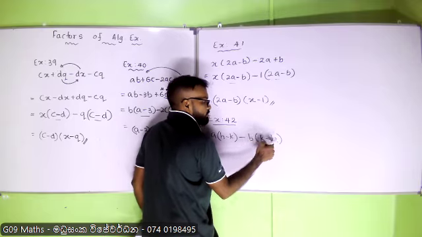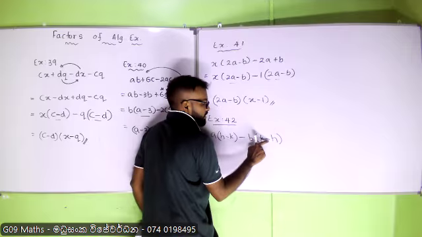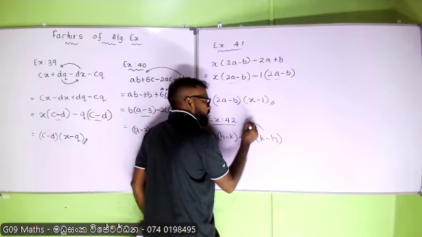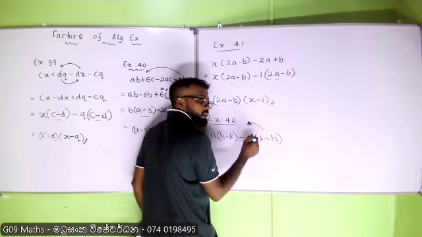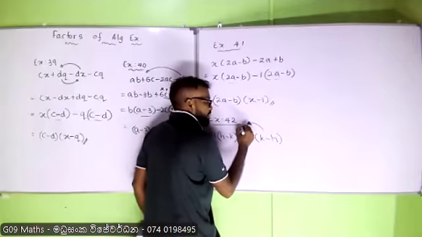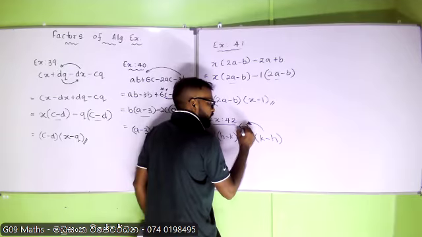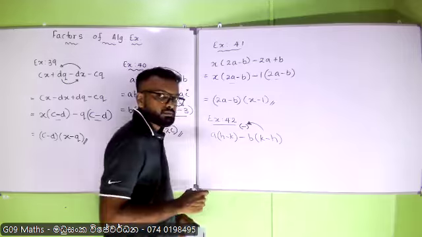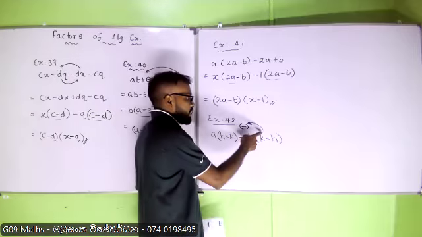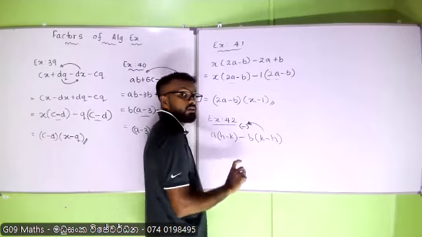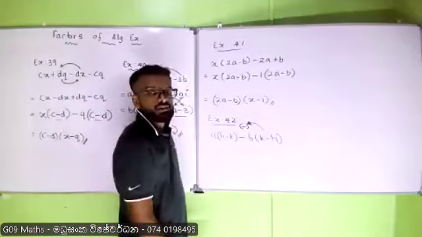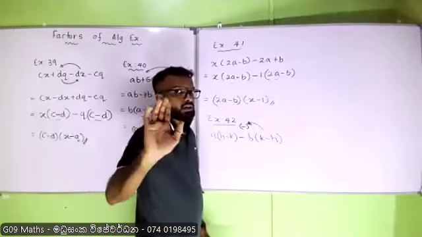Negative becomes positive, positive becomes negative. Positive h minus k. You are going to take the minus sign out from this bracket if you want to take the opposite of this.